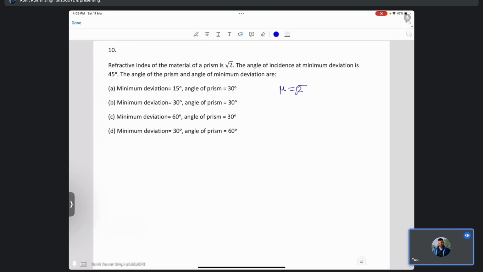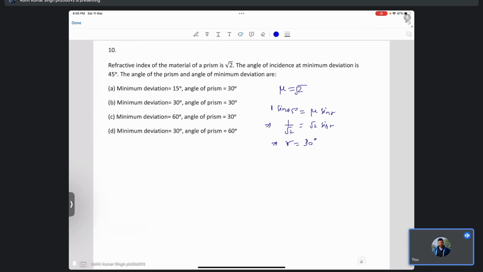First let's calculate the refracted angle by applying Snell's law. So sine 45 degrees equals mu sine r. Sine 45 degrees is 1 by root 2, which equals root 2 sine r. So r is 30 degrees.